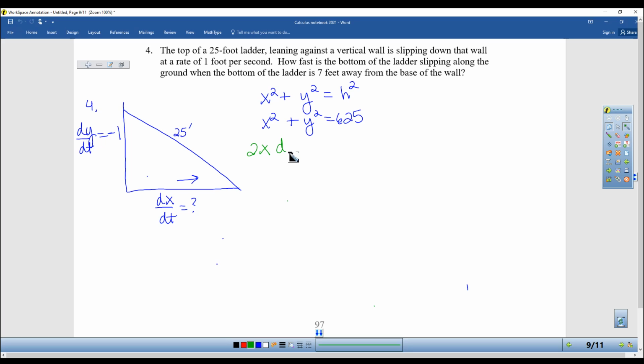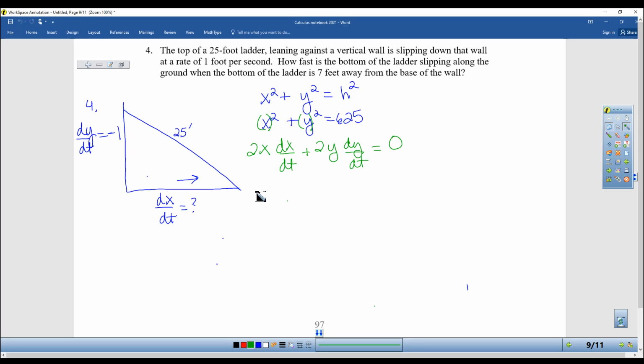So I bring down the 2, now it's x to the first, and the derivative of the inside is dx/dt. This is like implicit differentiation. And on this one, I bring down the 2, I have y to the first, and the derivative of the inside is with respect to t. And the last side is just 0. How neat is that? Much tidier.